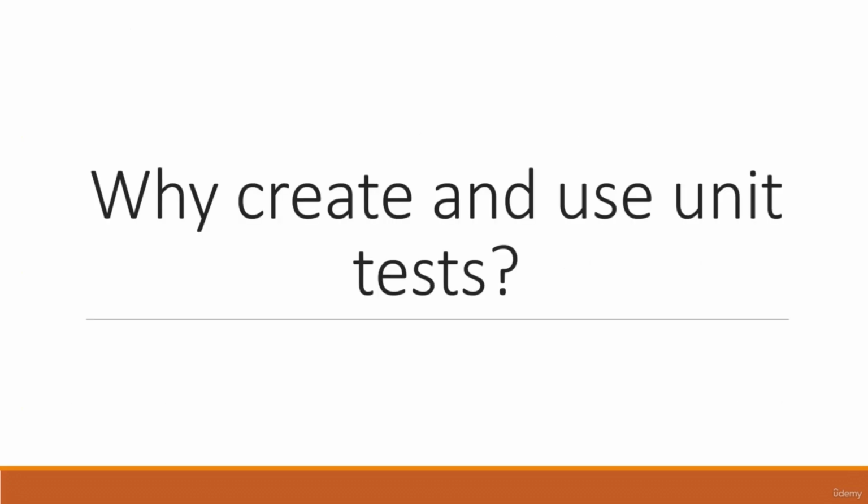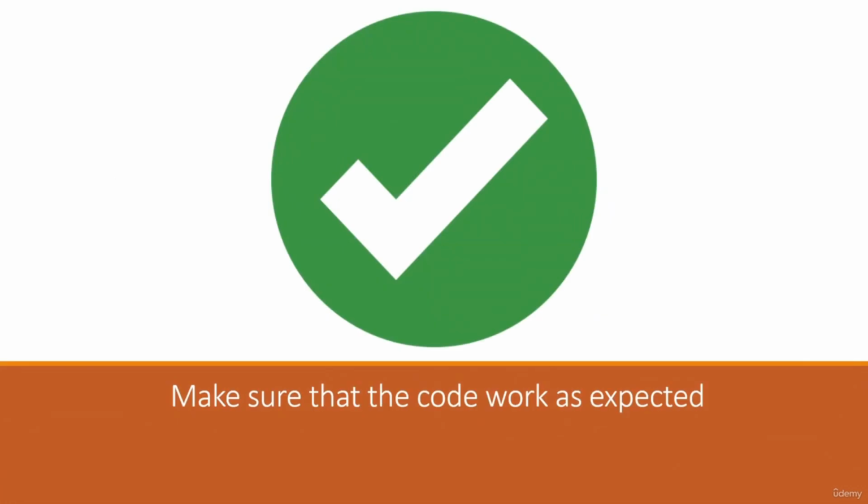So why do we create and why do we use unit tests? Basically, the most important and simple part to get is that by having unit tests, we make sure that the code works as expected.